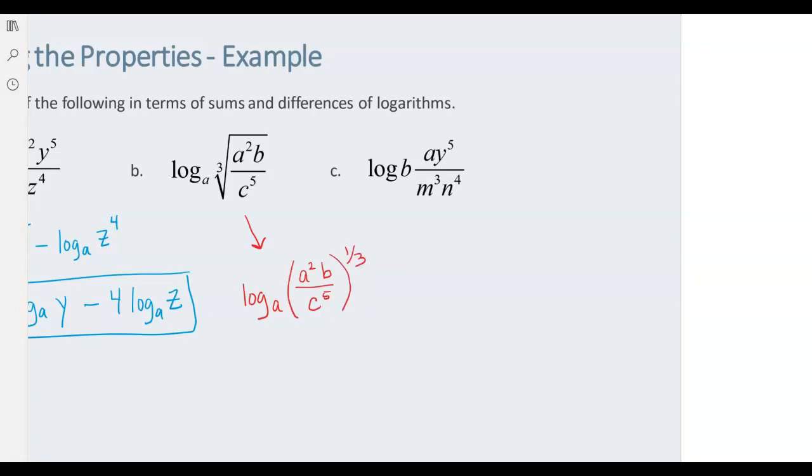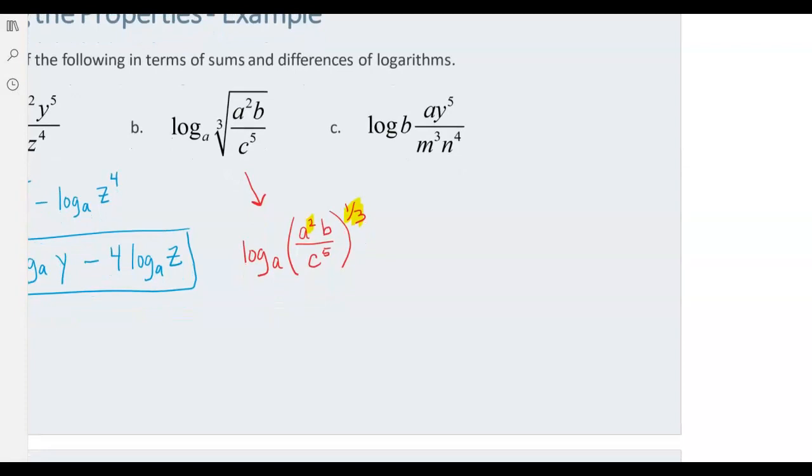When you have an exponent raised to another exponent, you multiply those things together. So I'm going to switch all of these to be fractional exponents. Let's rewrite this as log base A of a to the 2/3 and b to the 1/3 over c to the 5/3.